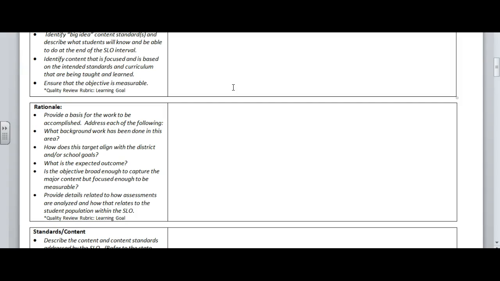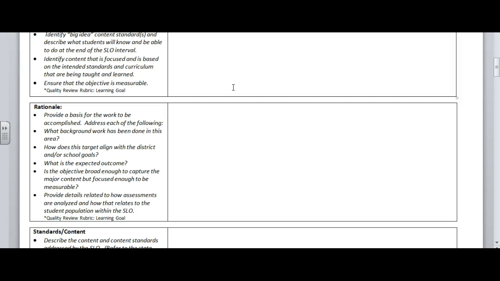And then the next question, how does this target align with the district and our school goals? You need to think about what early college is trying to accomplish, or think about our PDSA plan. You also need to think about the Horry County School District goals, so you need to think about college and career readiness. You need to think about how writing is so important in Horry County, how being able to do mathematics, functions, etc. are important in Horry County. So as long as they tie to the district goals, then you'll be fine here.